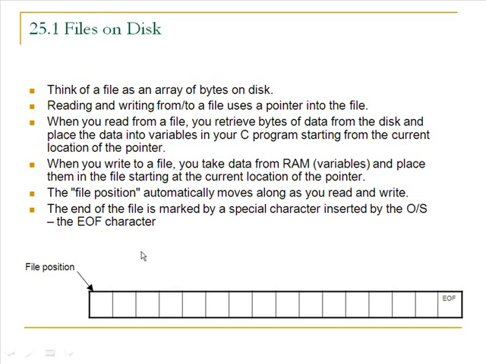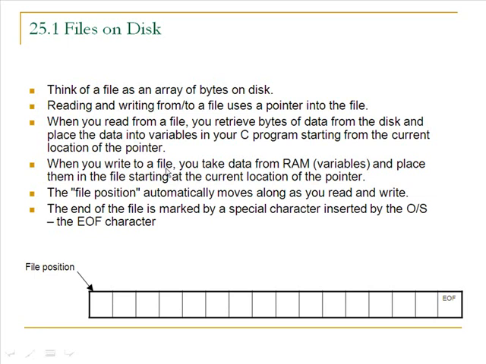When you read and write into a file, you use a file position pointer, or a file pointer, and as you read from the file, this pointer moves along the bytes as you read them, or as you write into the file, the pointer moves along so that you don't write over what you just wrote. So it works kind of the way that you would expect it to.